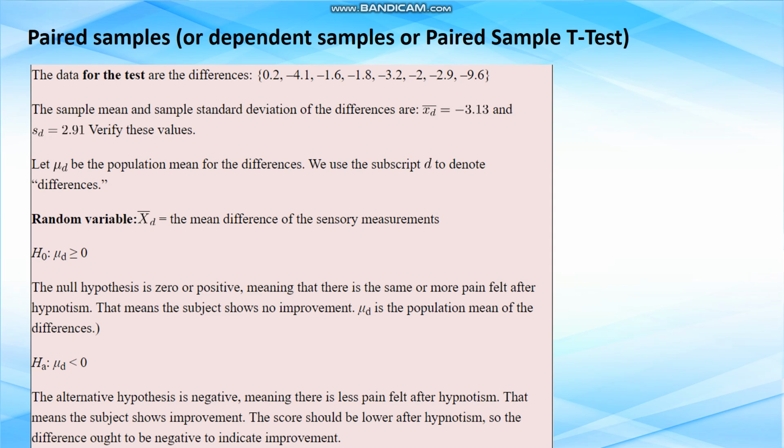And then you compute the mean values and also the standard deviation for the data, and then you set up the hypothesis, null hypothesis and alternative hypothesis.